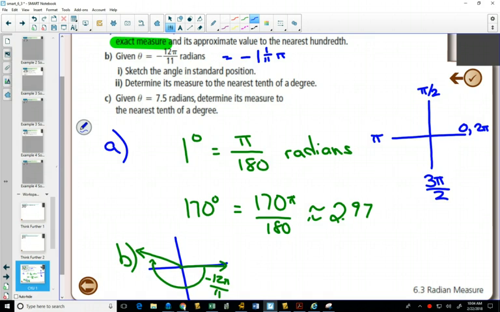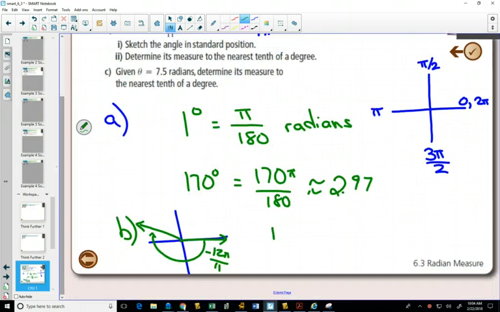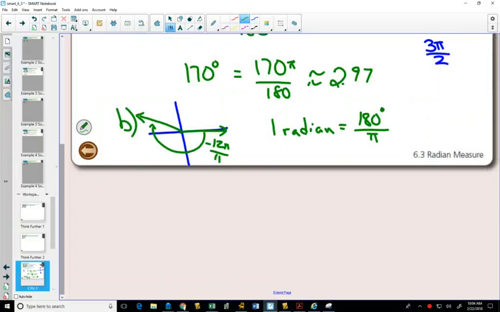Determine its measure to the nearest tenth of a degree. So here, since we know that 1 radian is equal to 180 over pi degrees, if we wanted to find negative, what was it, 12 over 11 pi? Is that what it was?